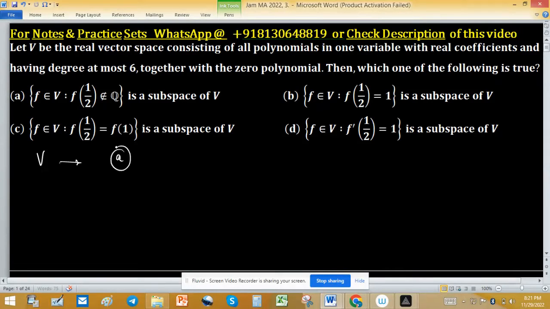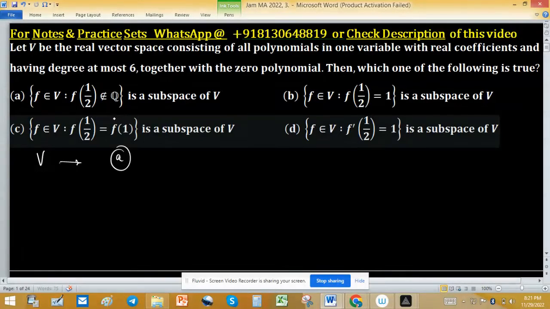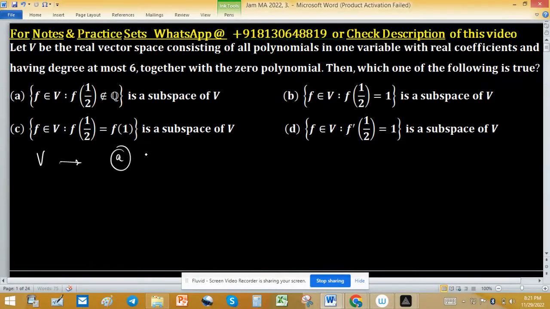Option A: is the set given in option A a subspace? If any set forms a subspace, then it is necessary that it contains the zero vector or zero element. So consider f(x) equals 0. This is the zero vector. Now we check whether this function is in the set given in option A or not.